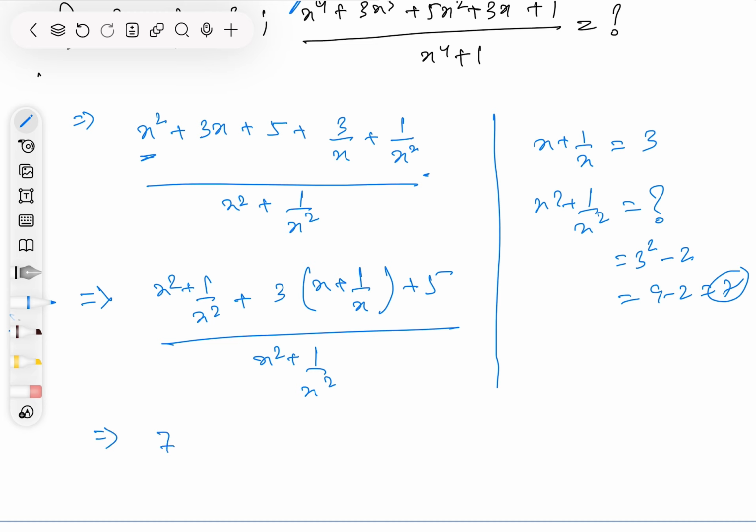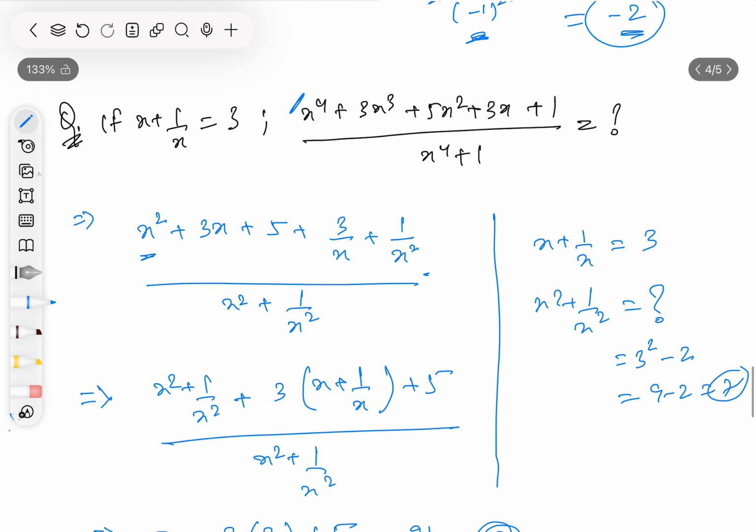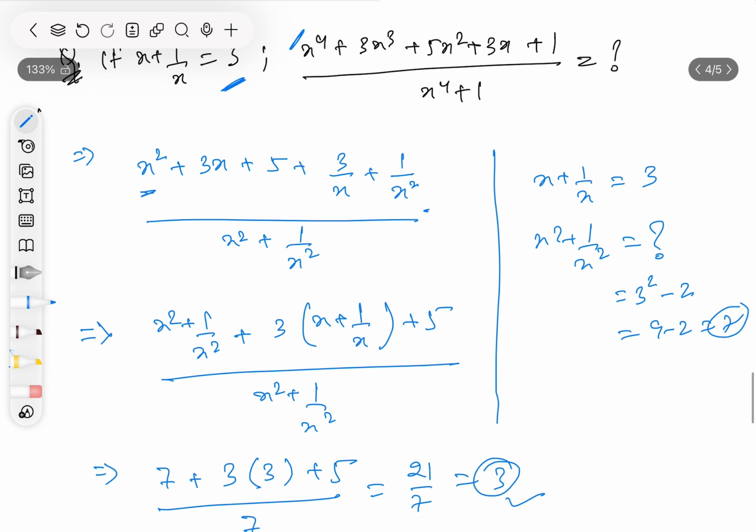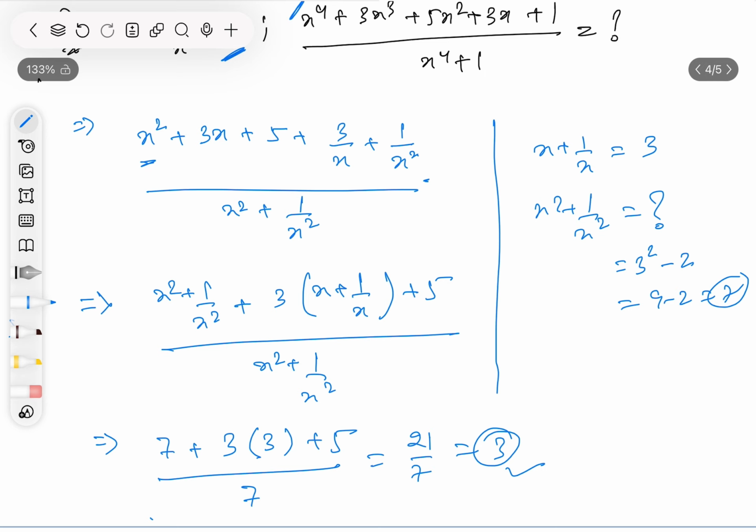So this will be 7 plus 3 times of 3 plus 5 upon 7. That will be 7 plus 9 is 16, plus 5, 21, 21 by 7, which is 3. And there is your answer. Ironically or coincidentally, it is same, but it has no relation. So don't just try to make a relation between them.